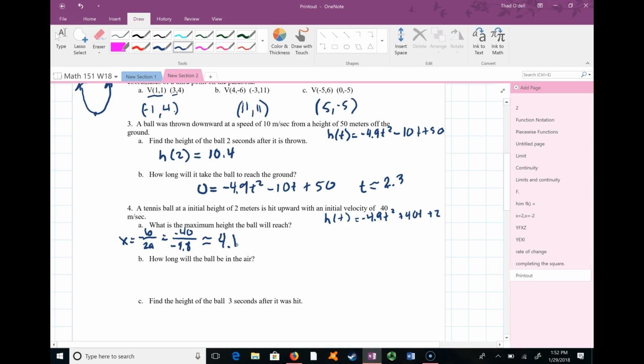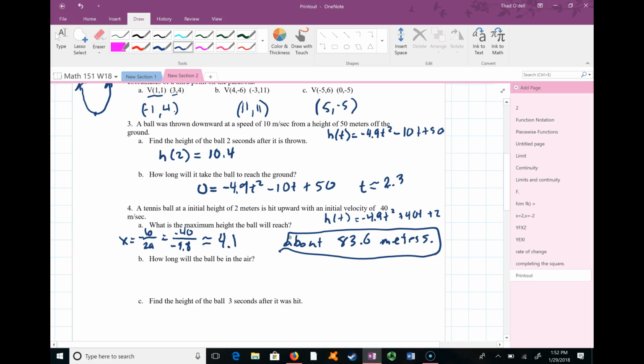And of course, that's when it reaches maximum height, so that's not the answer we're looking for. So we plug that back into the equation and we end up with about 86 point, I'm sorry, nope, that's not right. 83.6 meters. Okay, that would be my answer there.